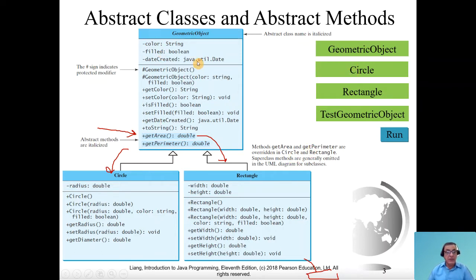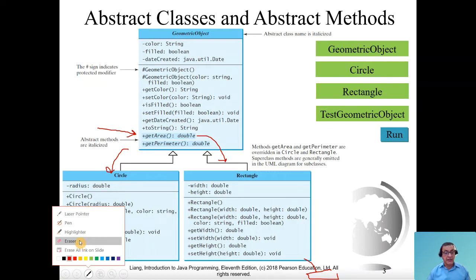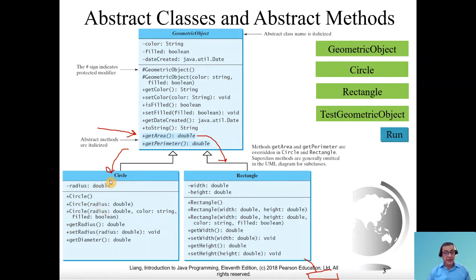Having said that, let's have a look at what that means. Look at the geometric object. An abstract class just declares the method, not implements it. When I say get area of a geometric shape, we don't know which shape. But if it's a circle, of course, we know the area of a circle, so we can do that.